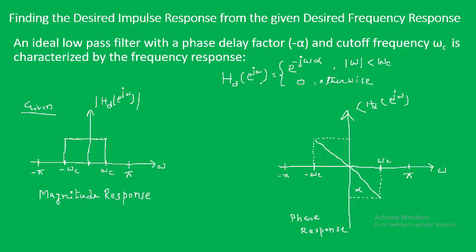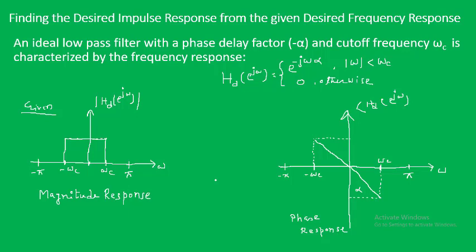So if we pictorially represent this equation, we get this. This is the magnitude response, and we see that the magnitude is 1 here, and this is the phase, and the phase response will be something like this. This is what will be given to us, only this equation, and from this equation we need to draw this.